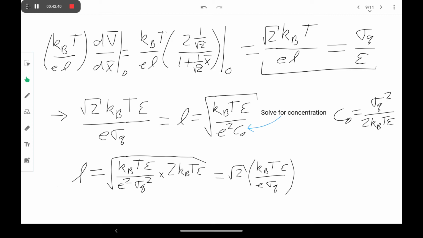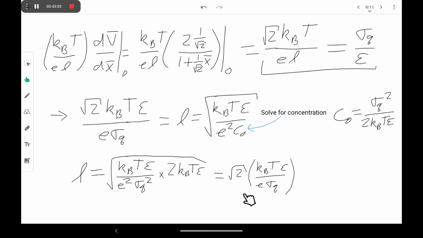We now have all the pieces, but it's still not terribly clean. So now that I know what C0 is, let's plug it into here and get a cleaner version for L, because L is going to be a really nice tool to use. L is some characteristic length. So we just take this, plug it in here, simplify the whole shebang, and we end up with this.